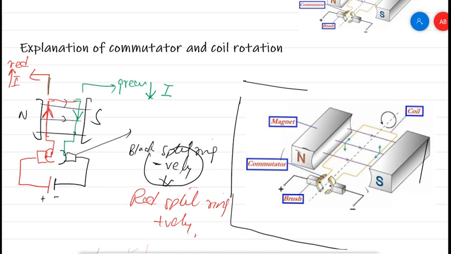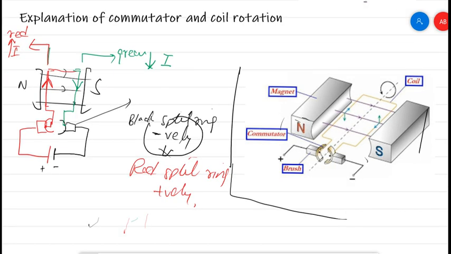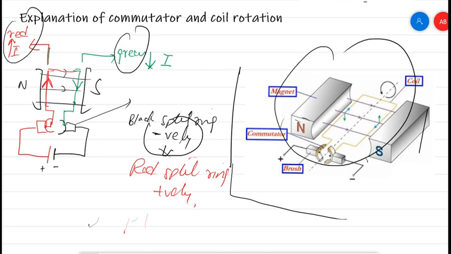All right, now keeping this concept in mind, just listen to another important fact. I told you before that on the green side the current is flowing in the downward direction, and on the red side the current is in the upward direction. Now we have discussed that force will be experienced on the coil.